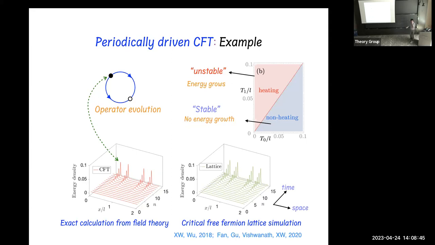Yeah, the only thing we need is the Virasoro algebra. We don't use any other kind of thing. But in this concrete calculation, we use the free Fermi CFT, right? Because we need to compare it with the free Fermi lattice calculation. But the whole story is independent of what kind of CFT we consider.